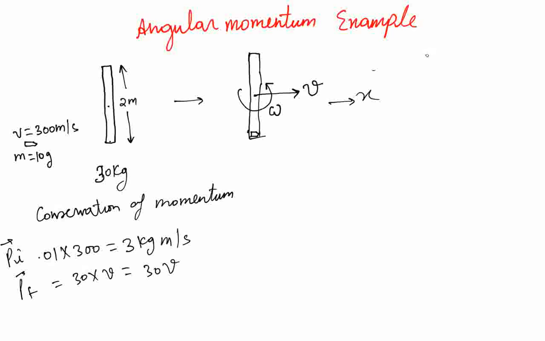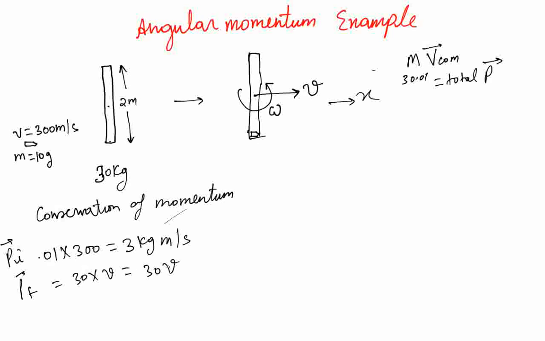We already have discussed that M, the total mass of the system, multiplied by V of COM, is nothing but the total P of the system. So the total P of this combined system is going to be the mass of the system, which is 30.01, but let's discard 0.01 in comparison to 30, times V. VCOM is what we are trying to calculate.